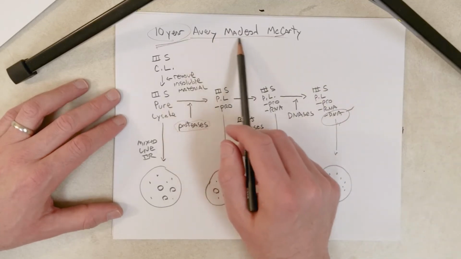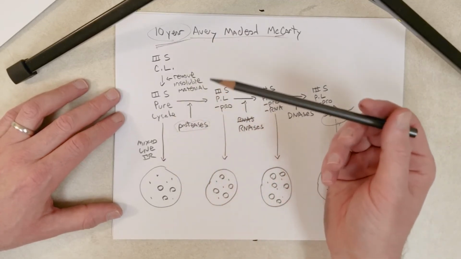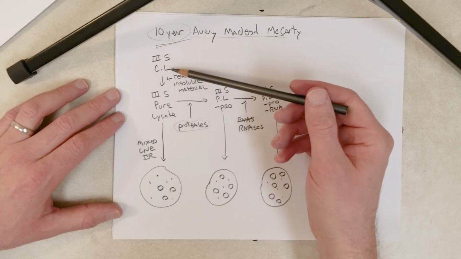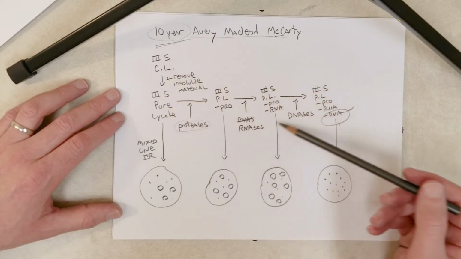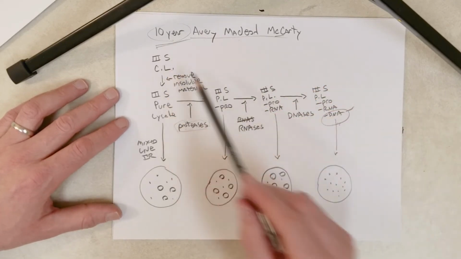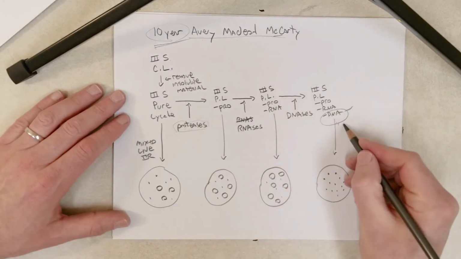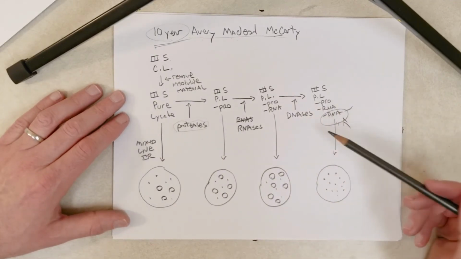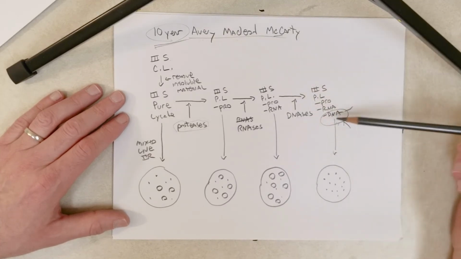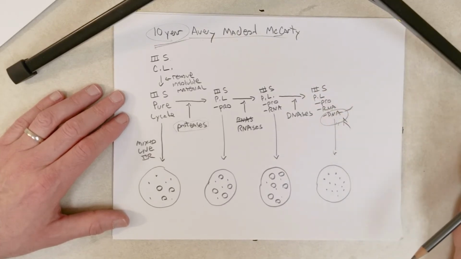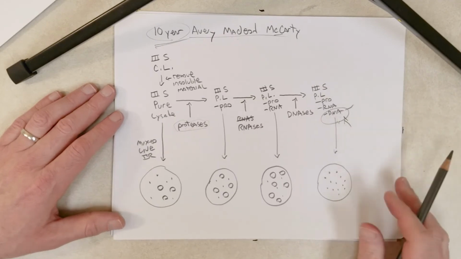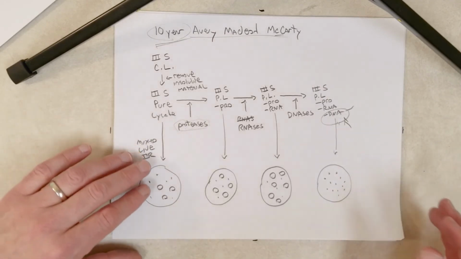And Avery, MacLeod, and McCarty examined the crude lysate from the 3S cells and determined that of all the components in the crude lysate, it was the DNA that was doing the transformation. So this was the strongest evidence to this point in time that DNA was the molecule of inheritance.